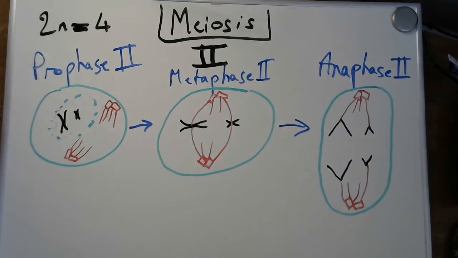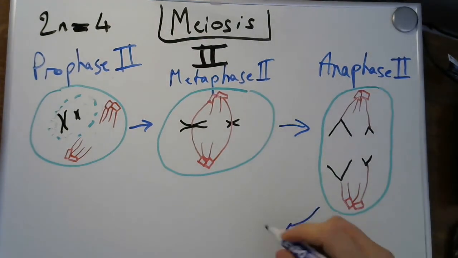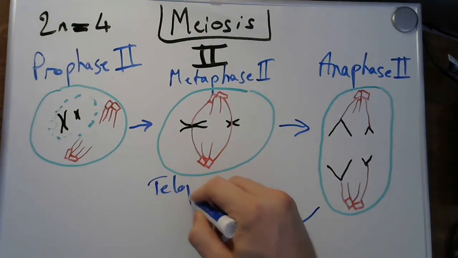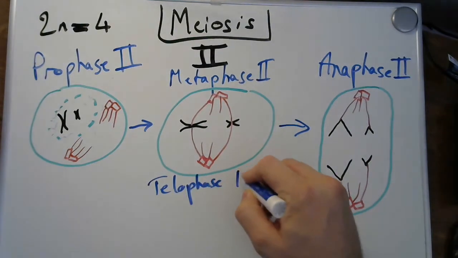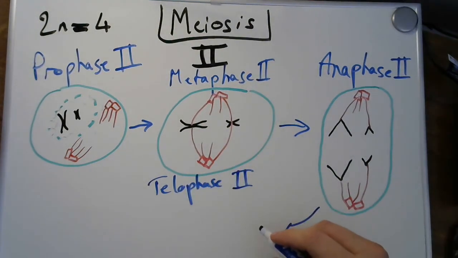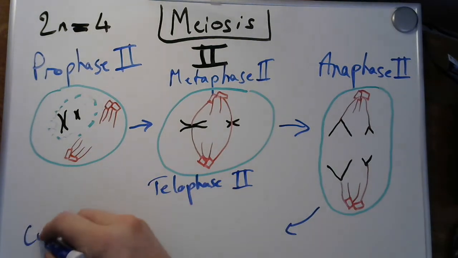And we finish meiosis 2 with a regular shebang of telophase 2, and that will be followed by finishing cytokinesis.